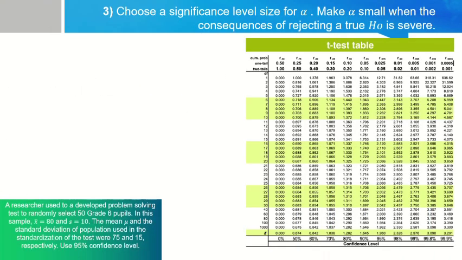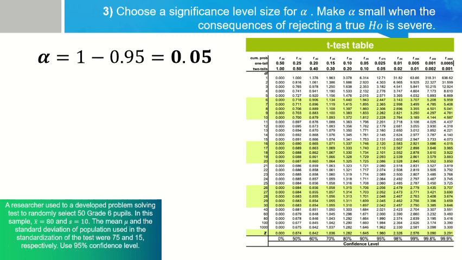Next, choose a significance level for alpha. Make alpha small when the consequences of rejecting a true null hypothesis are severe. Ngayon, sa paghanap ng alpha, since ito ang confidence level natin 0.95 or 95%, ito na yung alpha nyo.